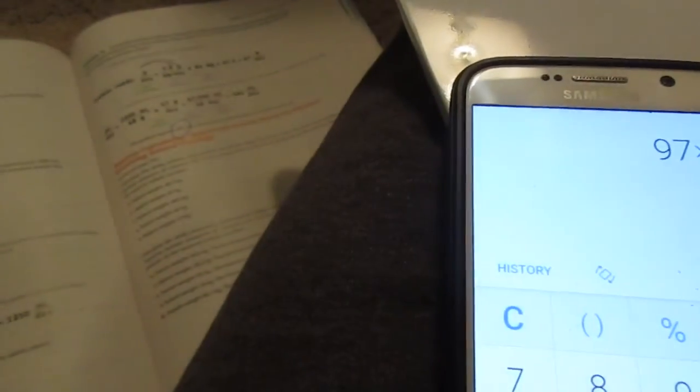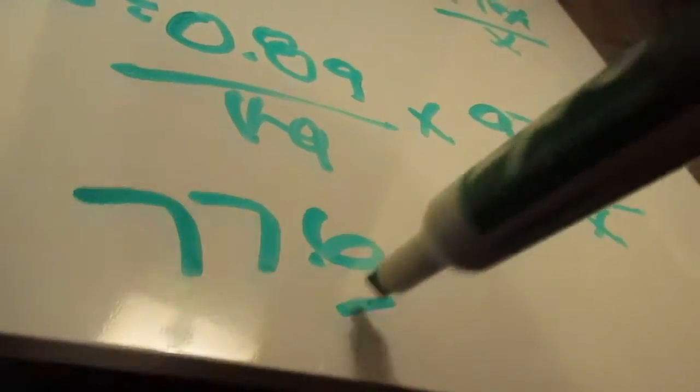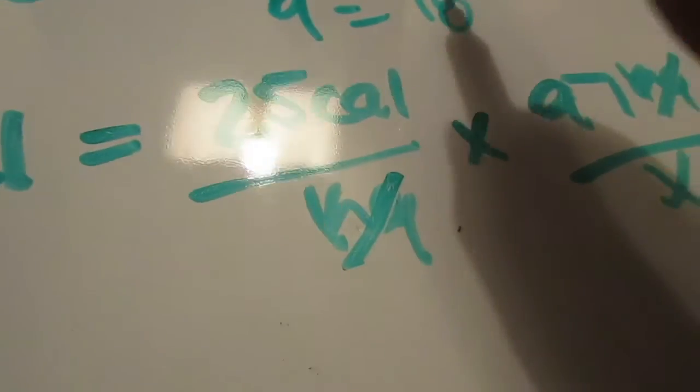Nope, not 0.0. 0.8. There you go. 77.6. So when you see that 77.6, we know we have to round to the nearest whole number. So that makes it 78. Okay, so our grams are 78.